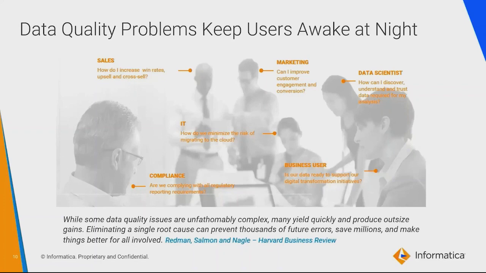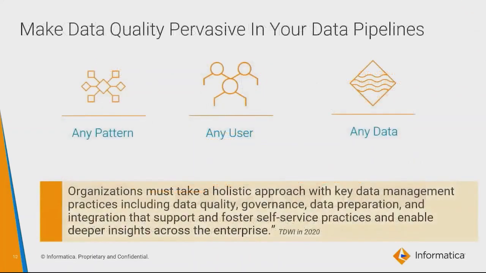So what do organizations need to do to be successful? Organizations need to empower the use of data quality for everyone and everywhere. They need to do so by enabling access through any integration pattern or any data type for any type of user, with skill sets spanning deeply technical all the way to non-technical data consumers and business users.